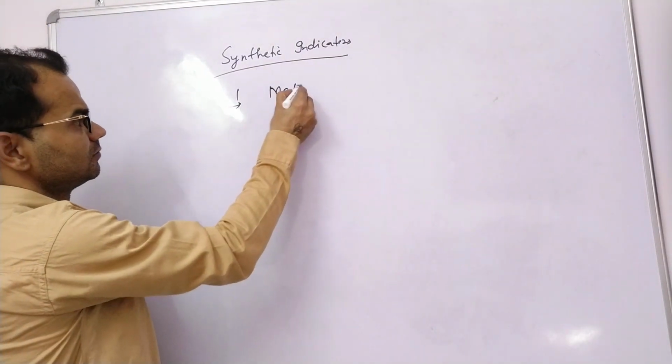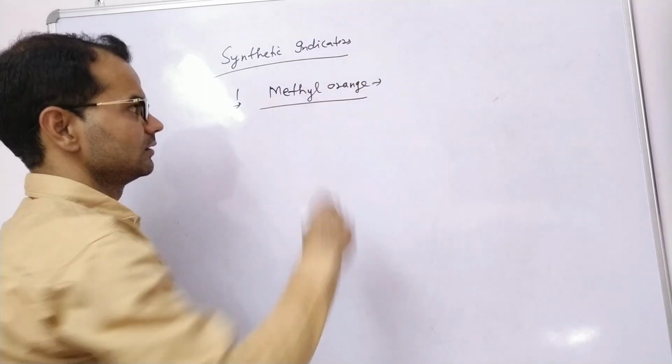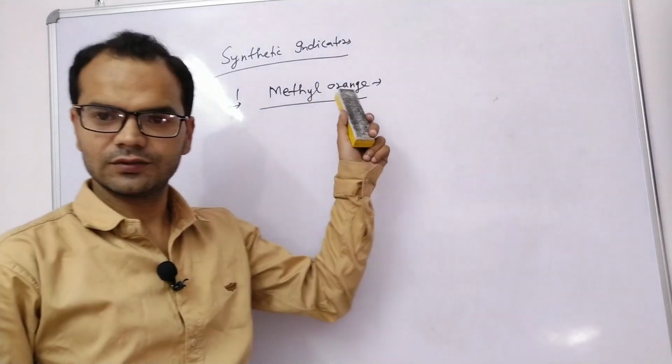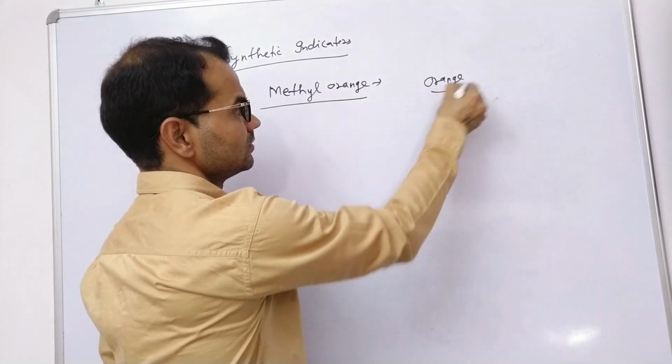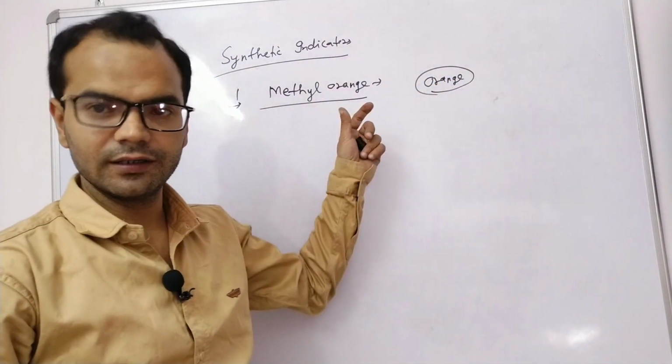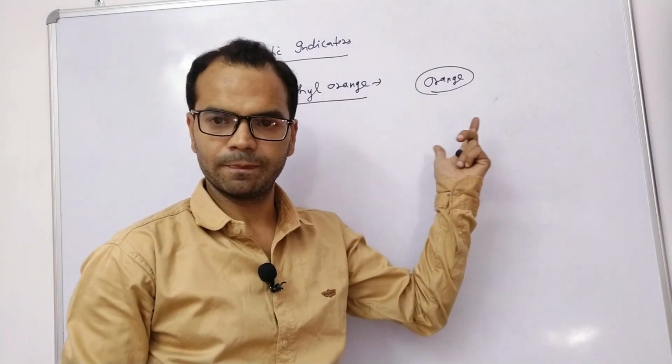First is methyl orange. As its name indicates, orange, its original color is orange. So how will this color vary when we add a few drops of acid or a few drops of base?